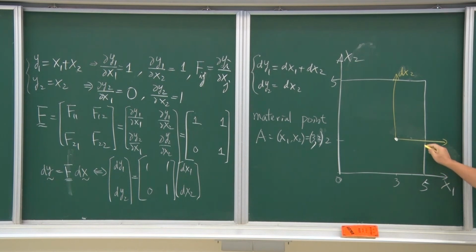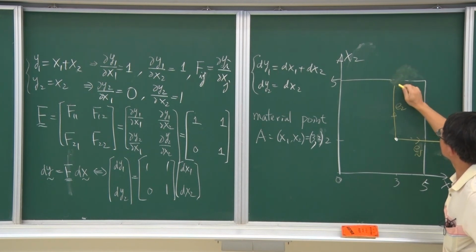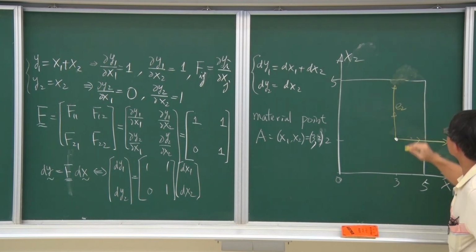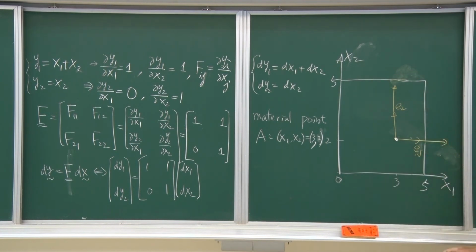We don't want to write dx1, dx2, because dx1 and dx2 should be very small.